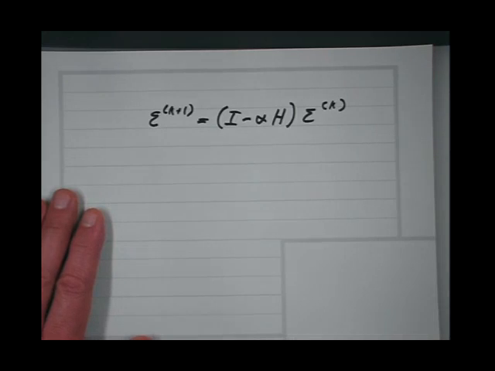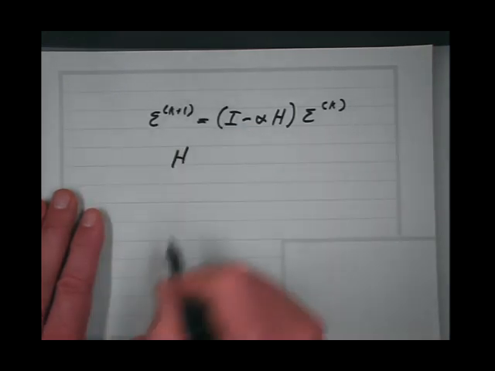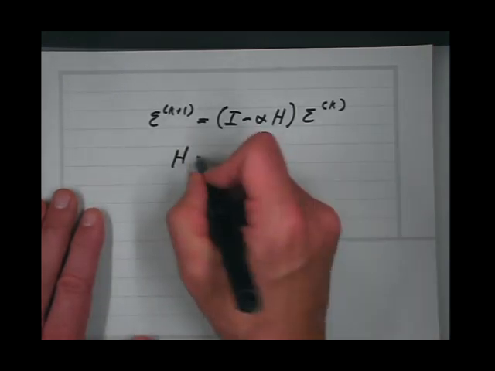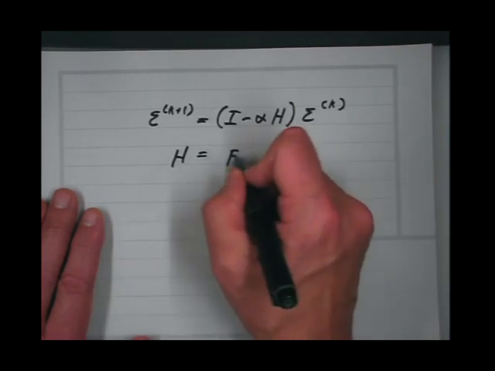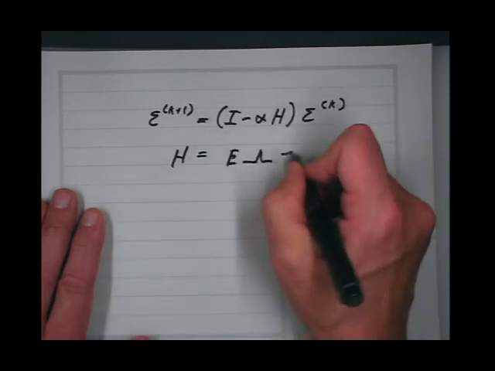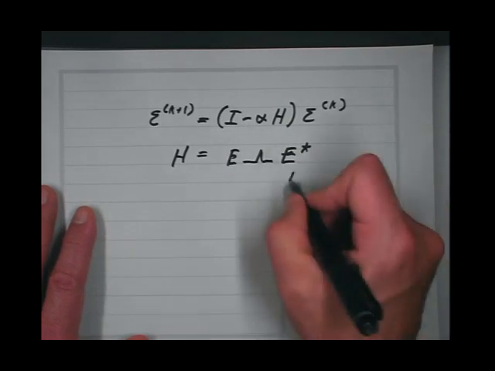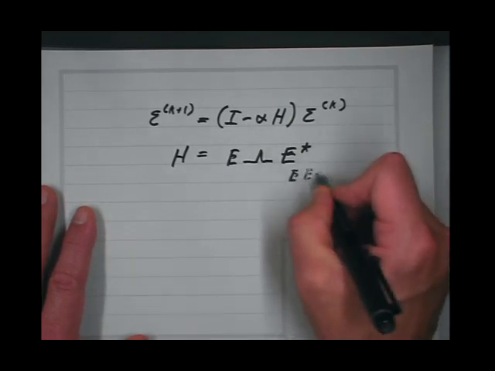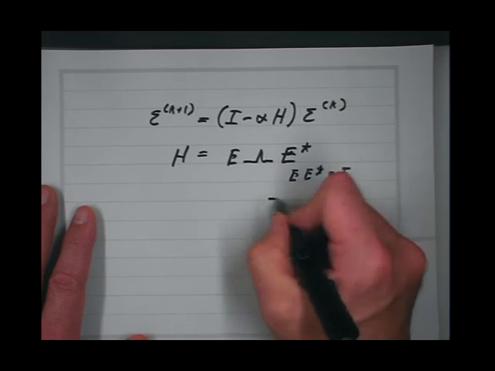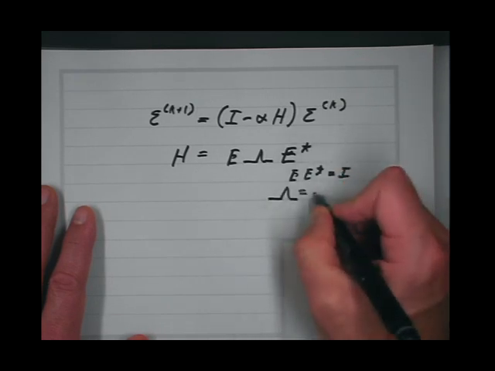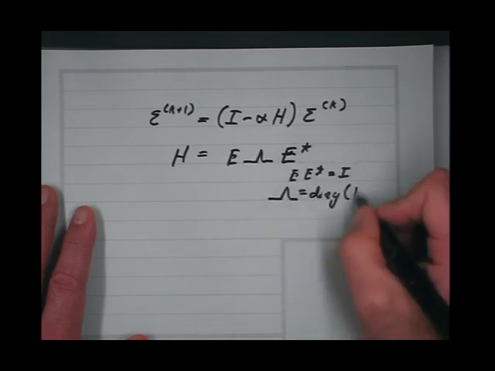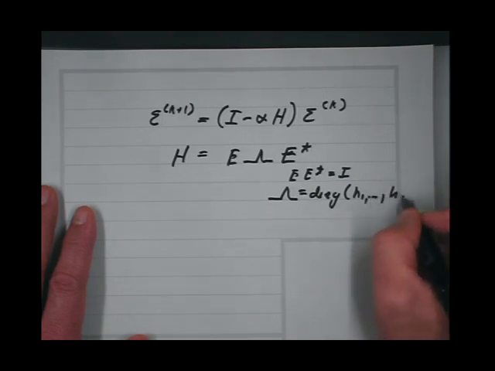H is a symmetric positive definite matrix, so it has to be representable in the form E lambda E transpose, where E times E transpose equals the identity. Lambda here is diagonal, and its entries I'm calling H1 through H N, where N is the dimensionality of the problem.